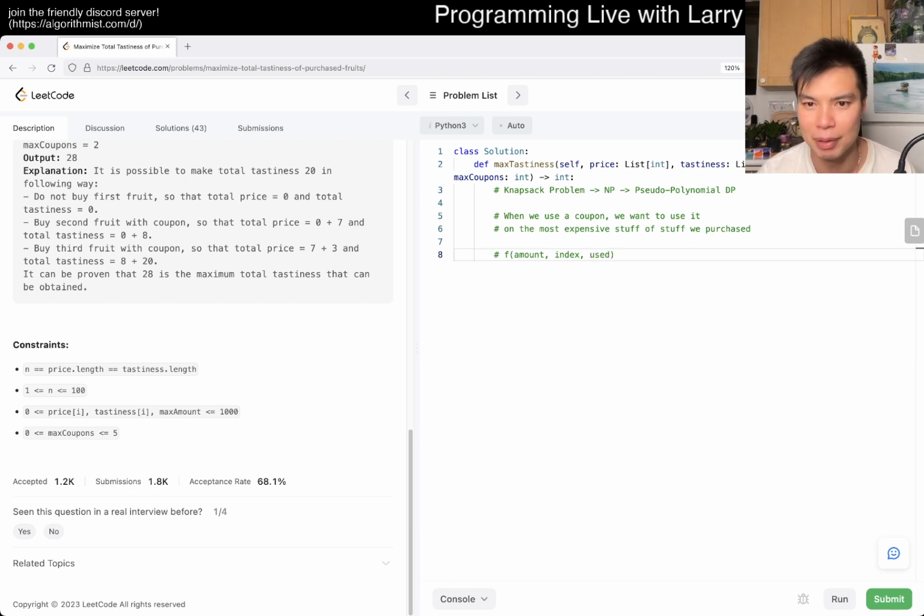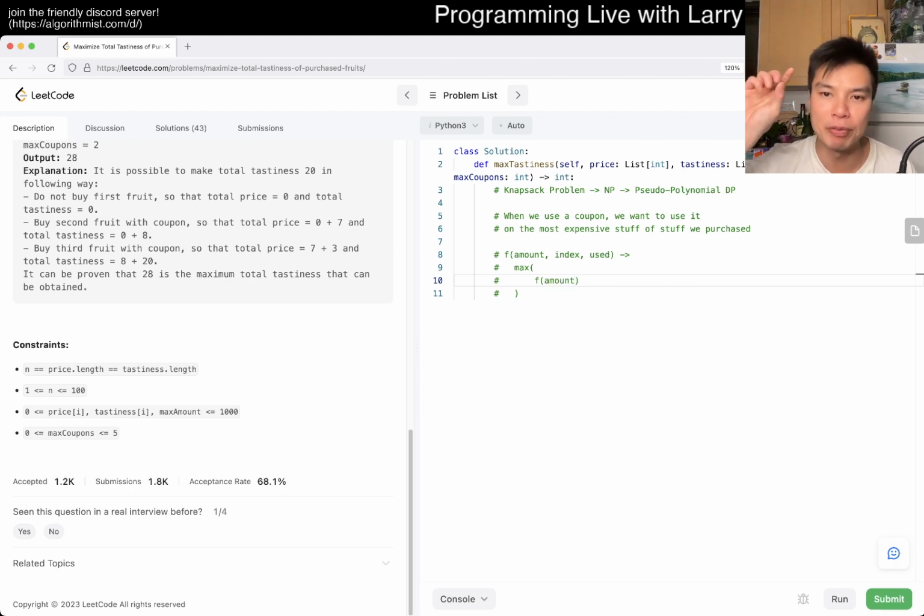Whatever, used, I can't spell, right? So what is this function going to be equal to, right? This function is basically going to be a max, of course, of whether we use the amount or we buy this item on the index, right?